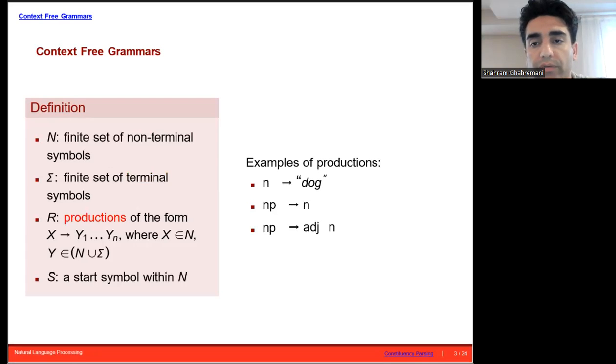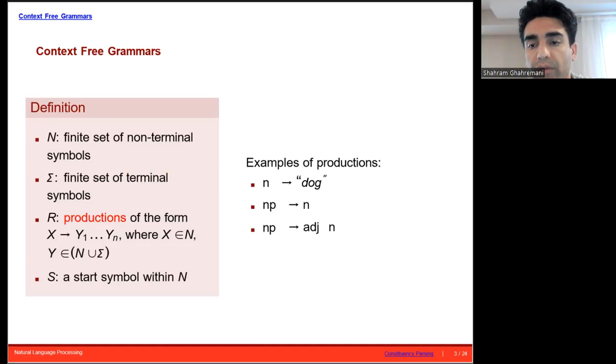And then we also have a set of productions that relate the non-terminals and the terminals. A production is defined as a left-hand side and a right-hand side. The left-hand side always has a non-terminal, and the right-hand side has any collection of terminals and non-terminals.